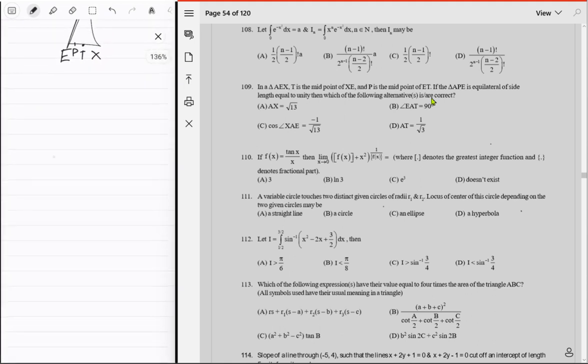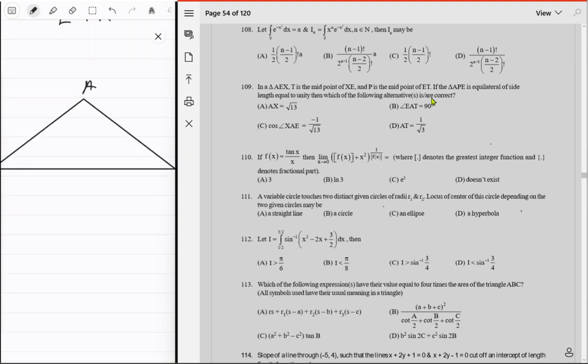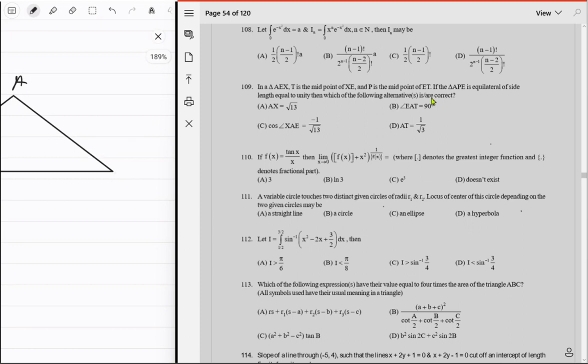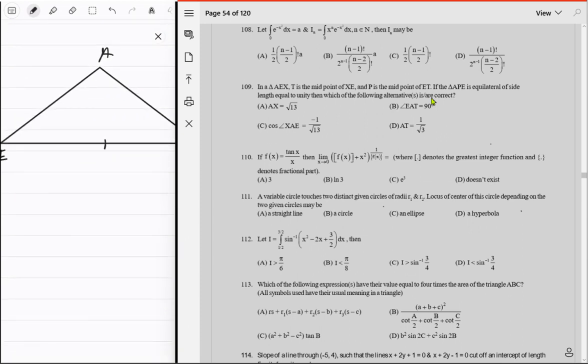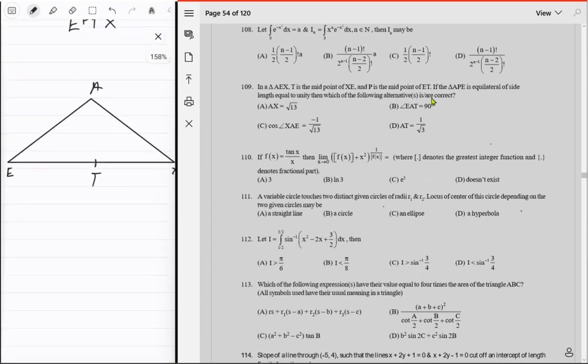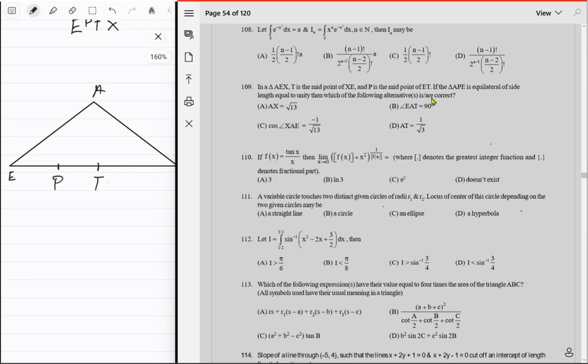थोड़ा सा बड़ा देते इसको. तो ये है A E X, then तुम बोल रहे हो कि T is the midpoint, then यहाँ पे P is the midpoint, right? Okay, cool. T is the midpoint of ET, got it.